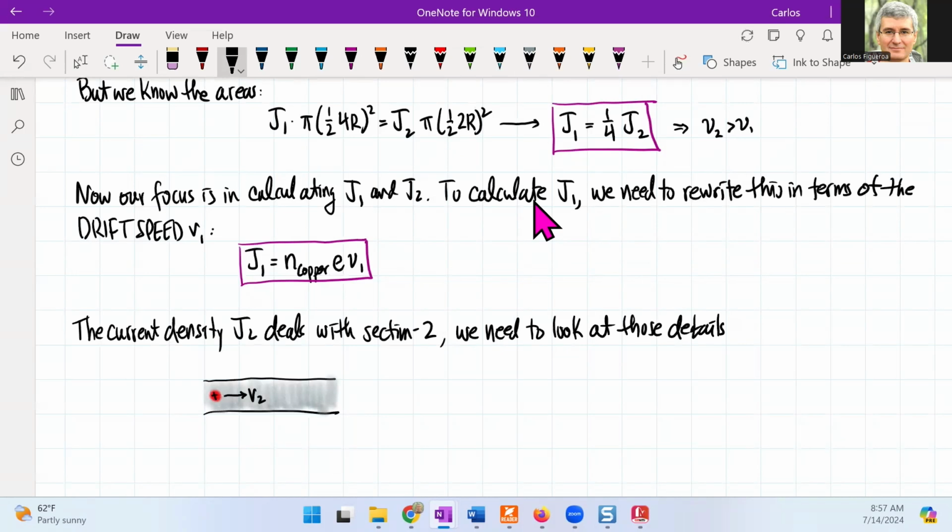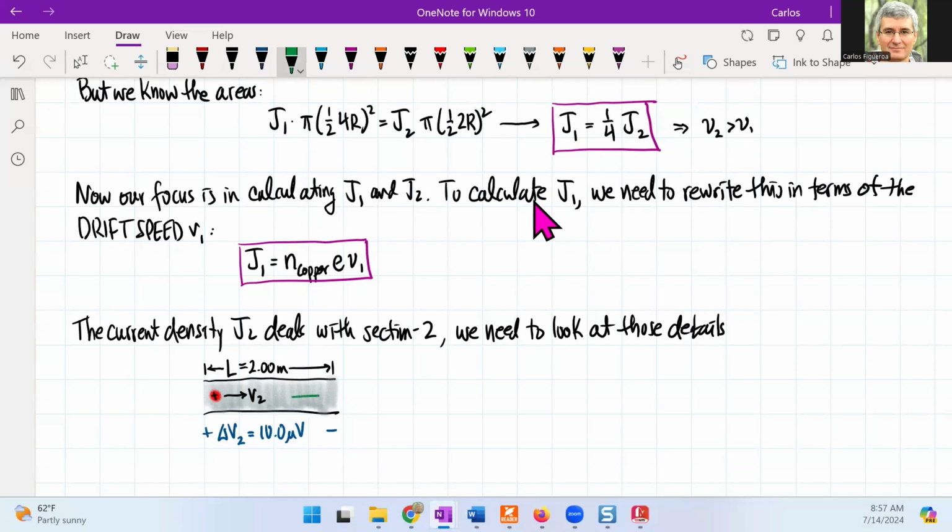And we could do the algebra to do that, but there's an easier way because we're given the length, and the length here is 2 meters. And we're also given the voltage across section 2, which is 10 microvolts from here to here.